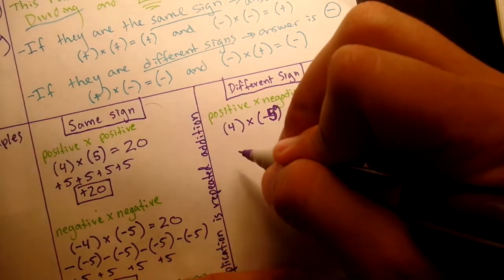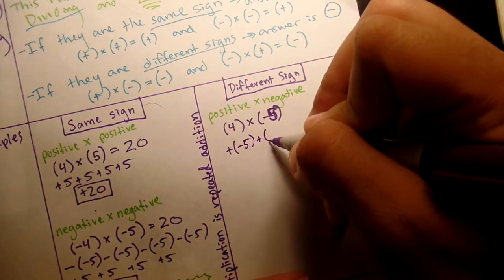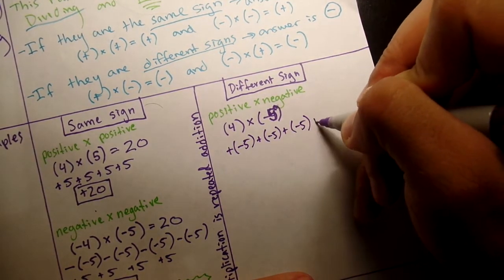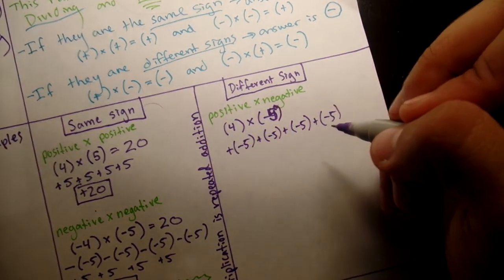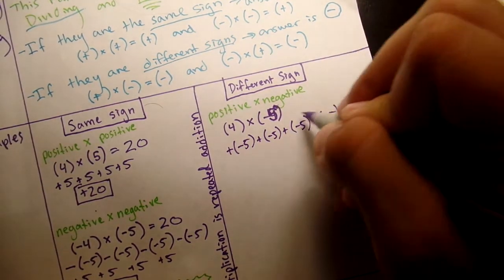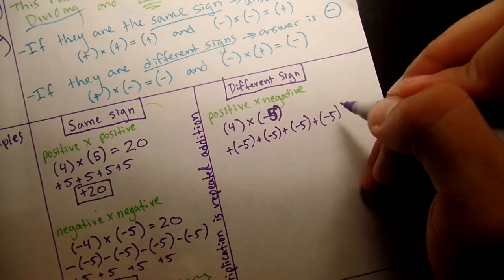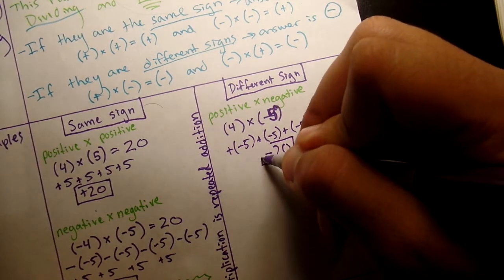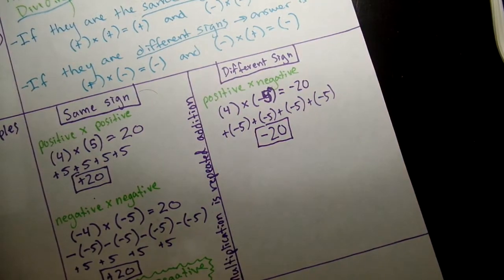This 4 means you're adding 4 times. So you do a plus negative 5, plus negative 5, plus negative 5, plus negative 5. You're adding negative 5s together, so that's 4 negative 5s added together. So bad guy plus a bad guy plus bad guy plus bad guy is 20 total bad guys. So this equals -20. Okay?